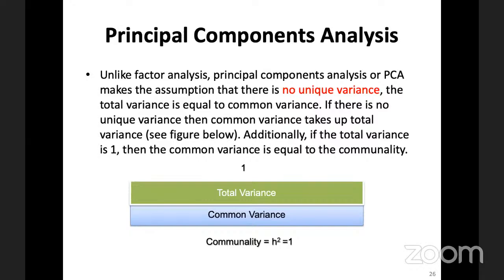In principal component analysis, as we have seen, whatever common variance is there is considered to be the total variance, and it is called h square, and h square is equal to 1. That means common variance will reflect the whole commonality among the variables.